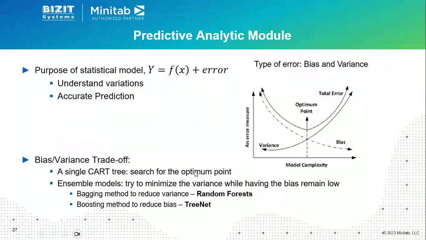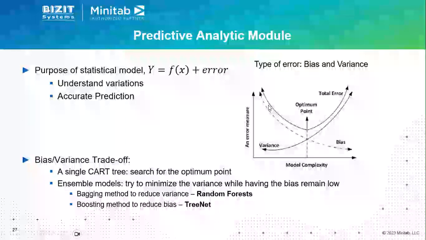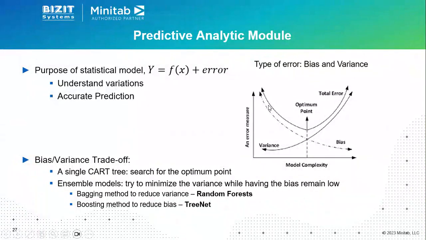Because we want to have a balanced model between the bias and variance, since the CART has only one tree with 24 terminal nodes. We believe that when we have a lot of data, we can rely more on your result.